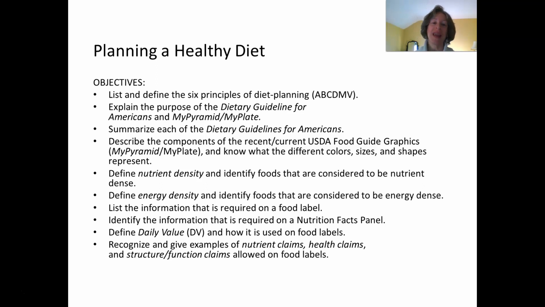Okay. For the next one, explain the purpose of the dietary guidelines for Americans and the My Pyramid, My Plate, the latest of the diet planning food graphics from the USDA. So in general, know why we have those dietary guidelines in place.